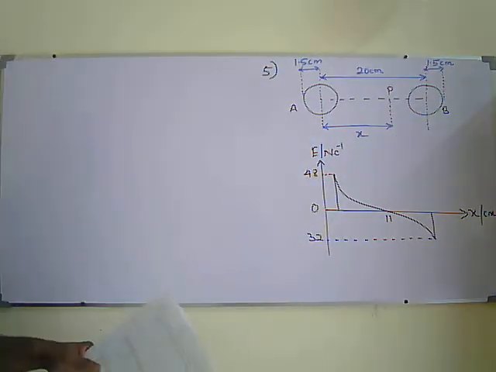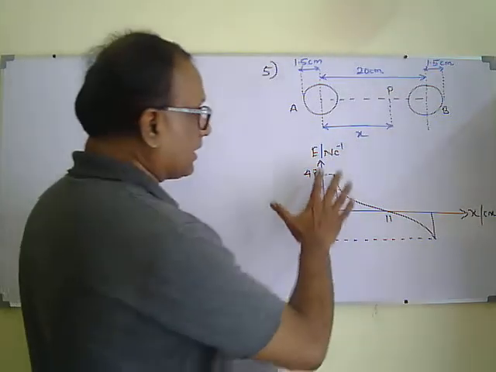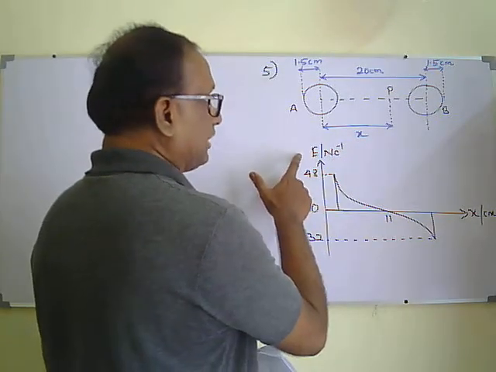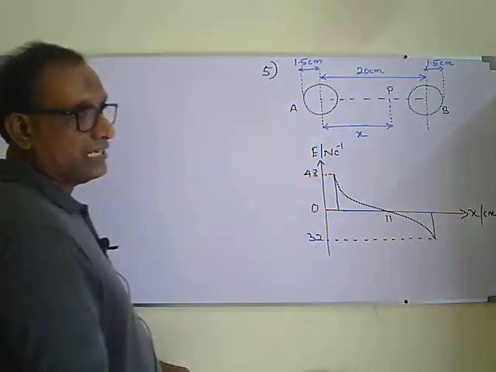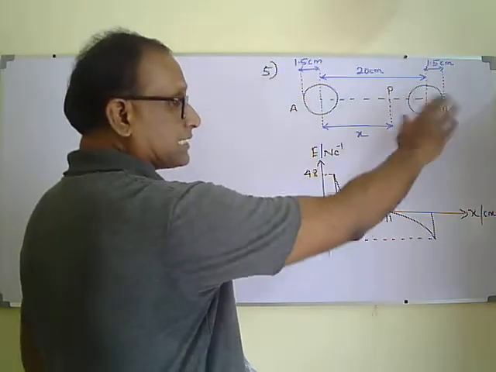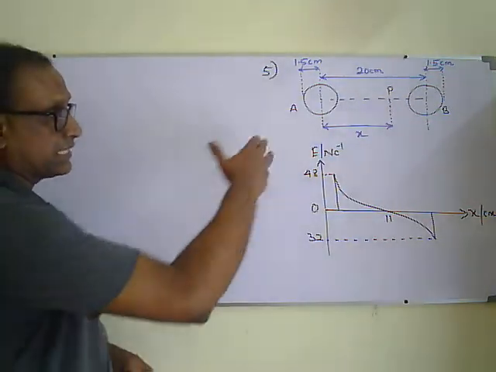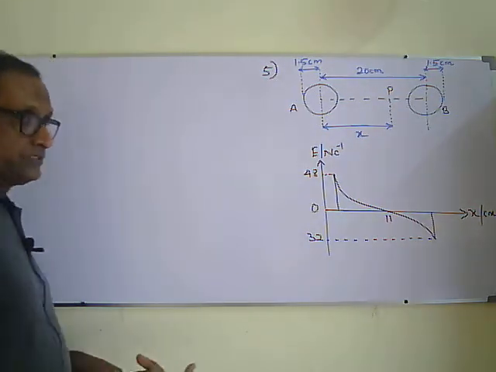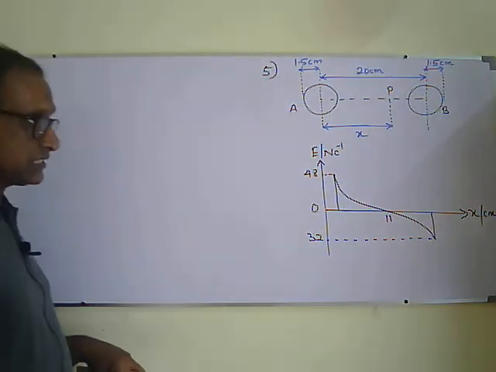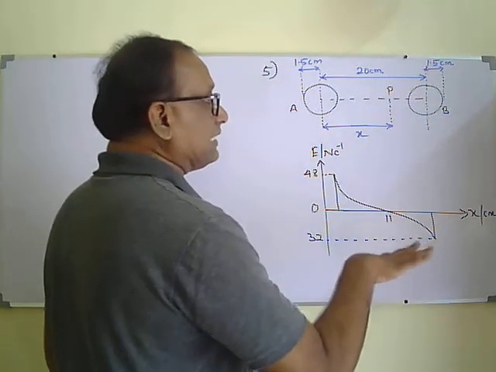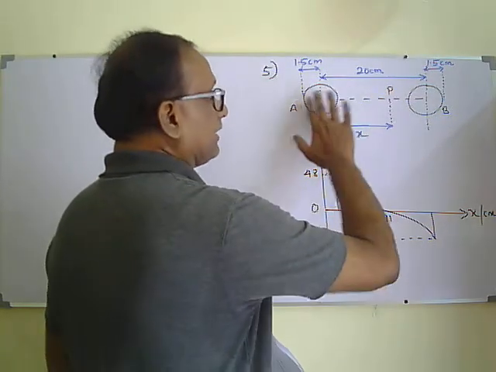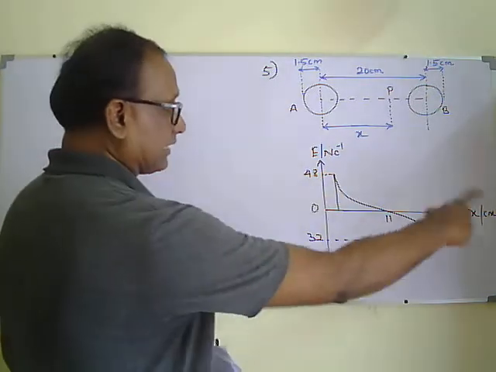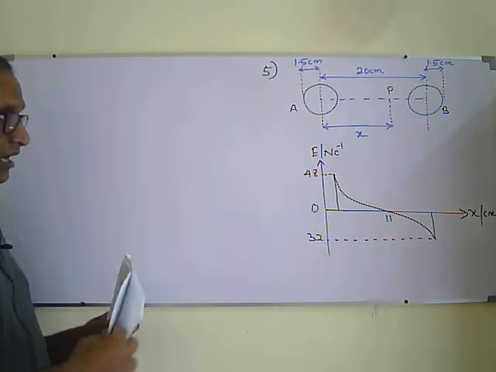Also they are giving this graph of how the electric field strength, that is the net field strength, varies. Both spheres are carrying charge, but not the same magnitude of charge. They are carrying different magnitudes of charges. So how the net electric field strength varies in the region between the two spheres is given by this graph.